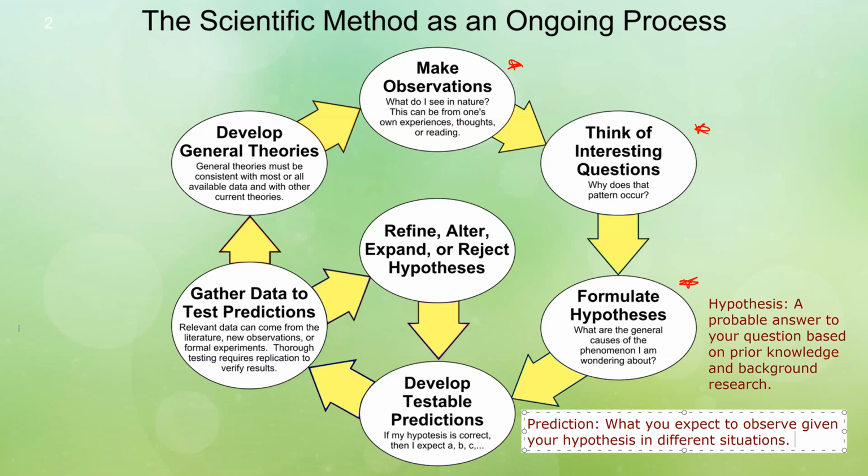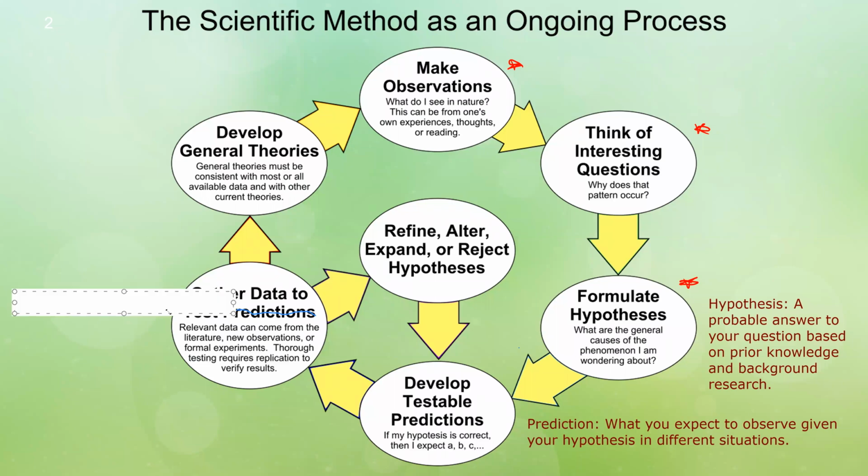You're going to gather data and test. Now this says predictions. I'm actually going to change that to hypothesis. Okay, so you're gathering data to test your hypothesis. I'm going to create an experiment to test your hypothesis.